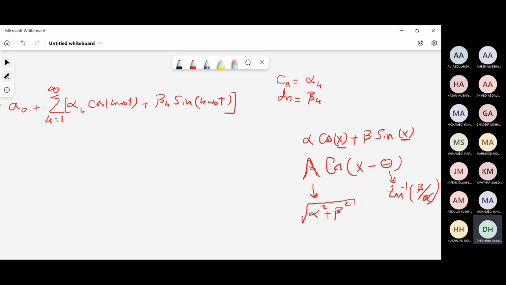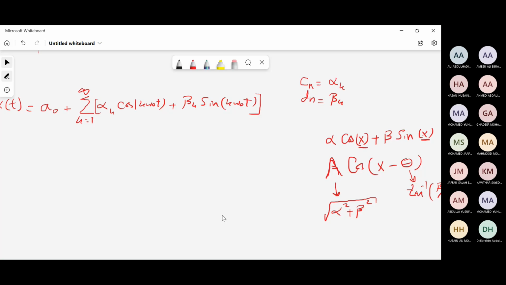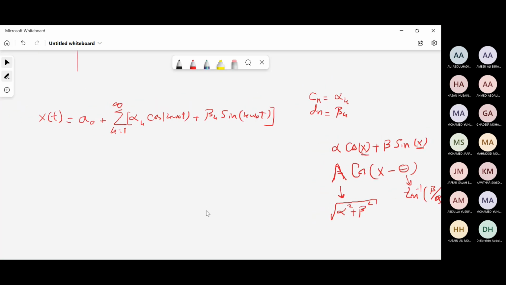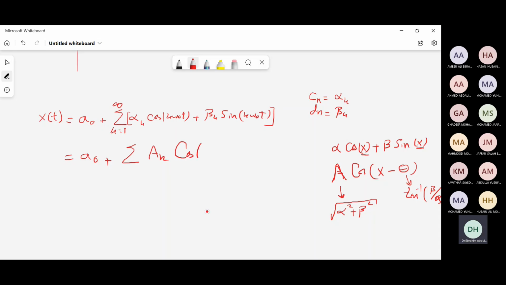So then I can rewrite this one as a naught plus the summation of Ak cosine of k omega naught t minus theta k, where Ak is equal to the square root of alpha k squared plus beta k squared, and k is from 1 to infinity.